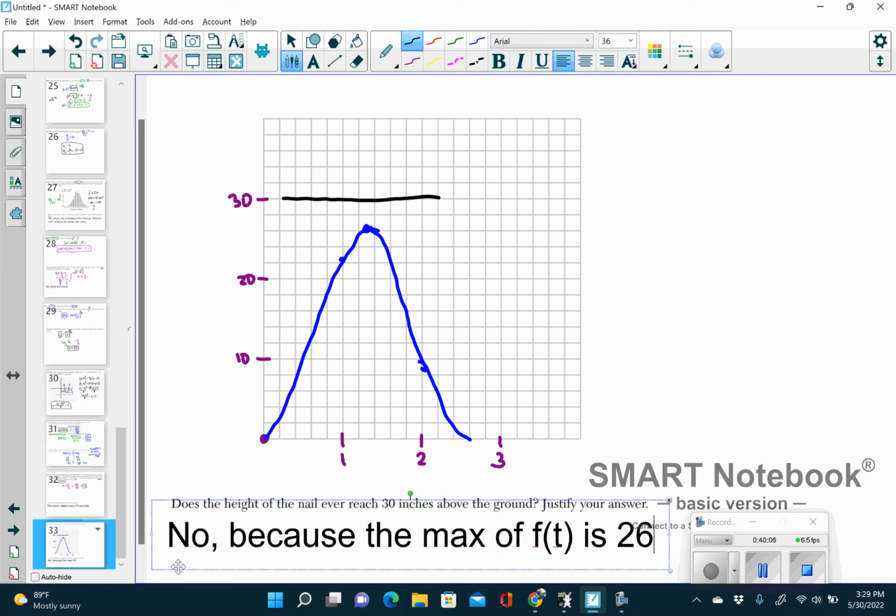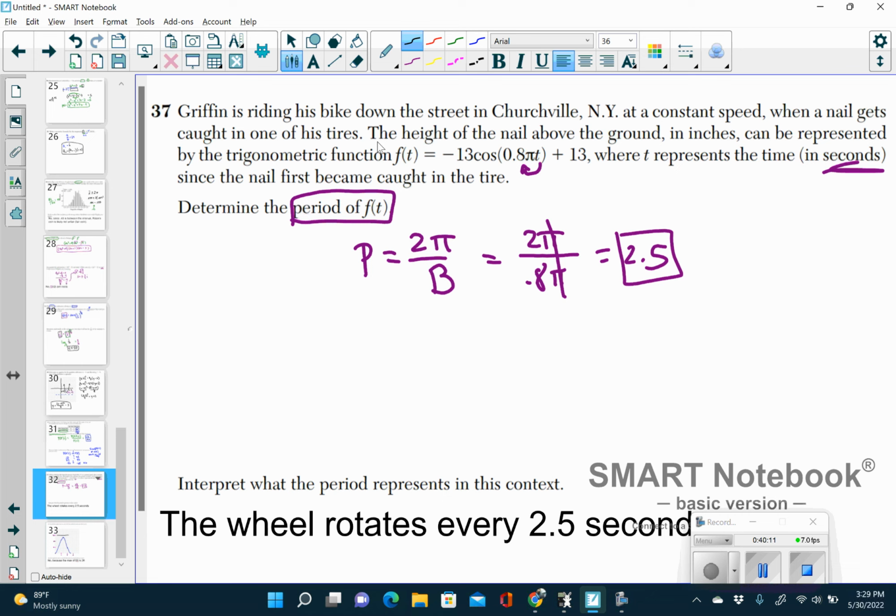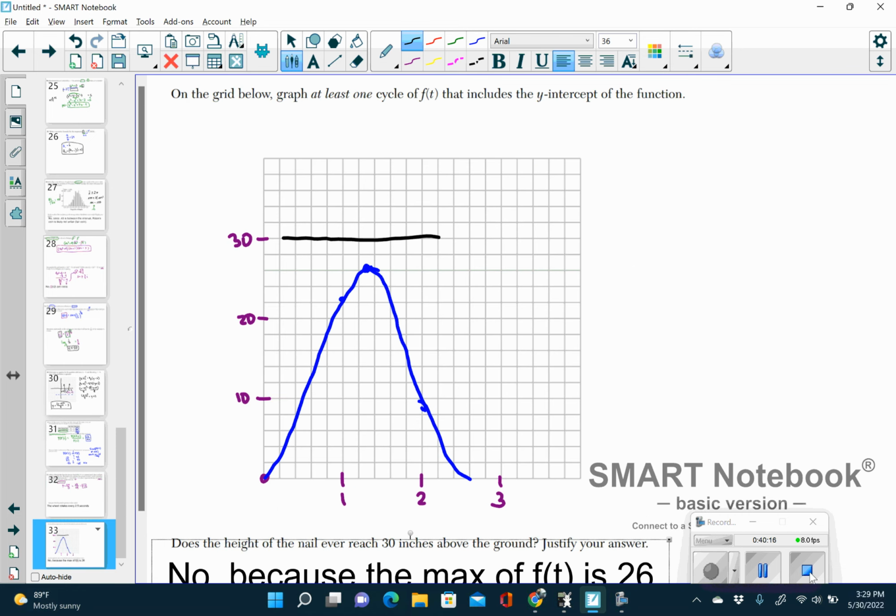It's about 26 is the height, right? Just make sure that this is all good. It is f of t, right? Yep. Okay, perfect. So we just graphed it and we're done. Good job.